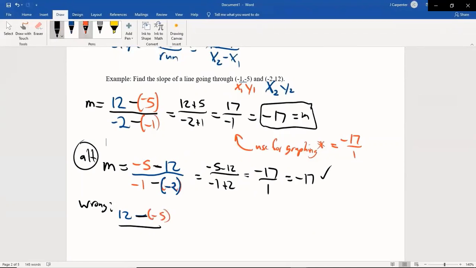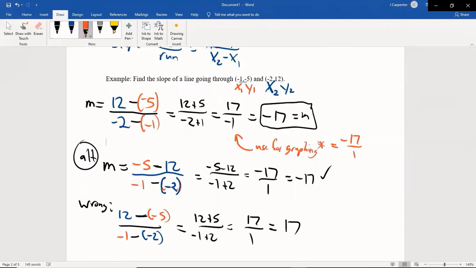I'm not going to be consistent. So I'll do -1, that's the x1, minus -2, which was the x2. See, the color is showing you I wasn't consistent in the order. That's 12 plus 5 over -1 plus 2, which is 17 over 1, which is 17.